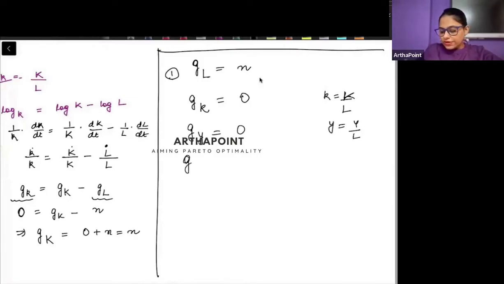Growth rate of capital K is n, and therefore, because capital K is growing at the rate n, capital Y will also grow at the rate n.